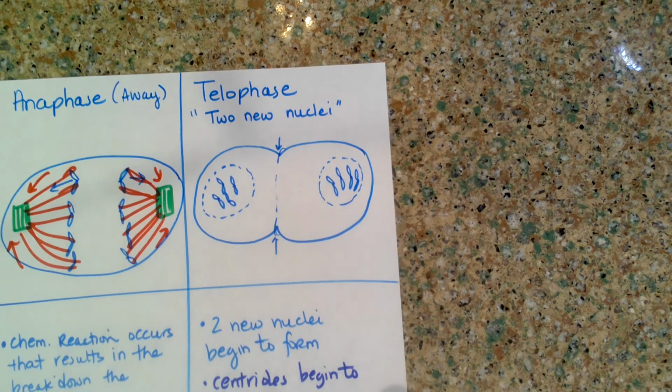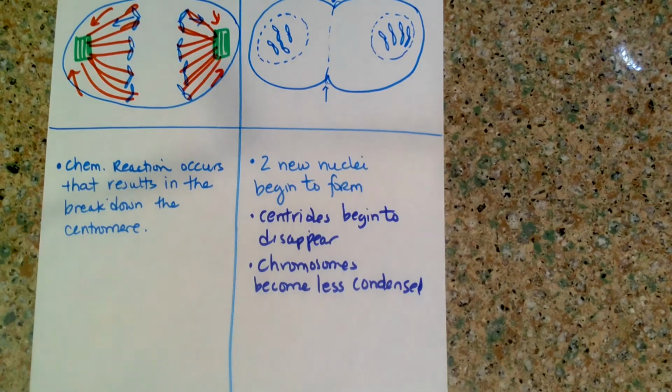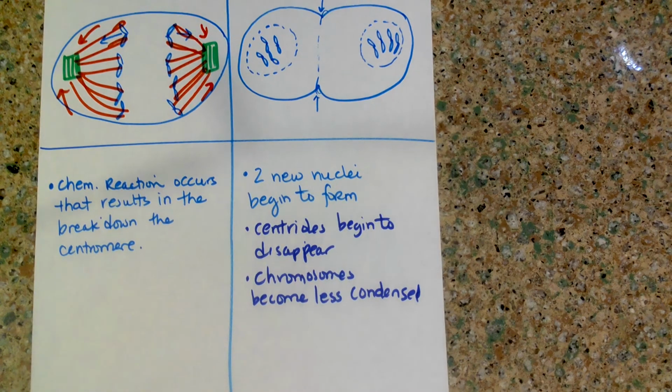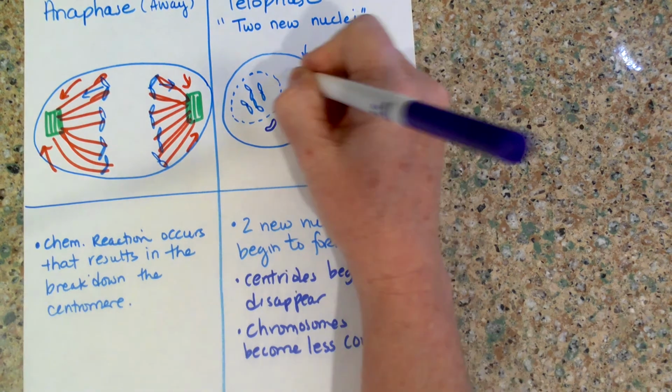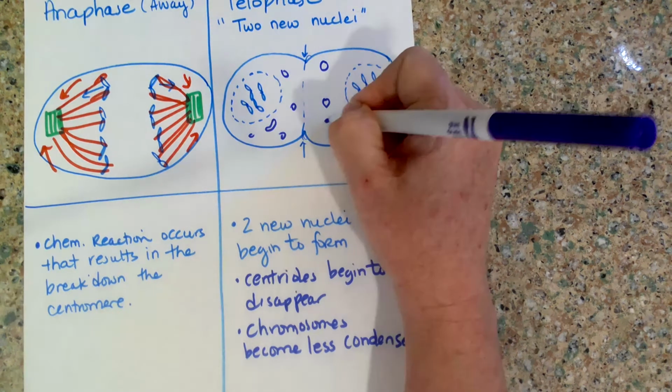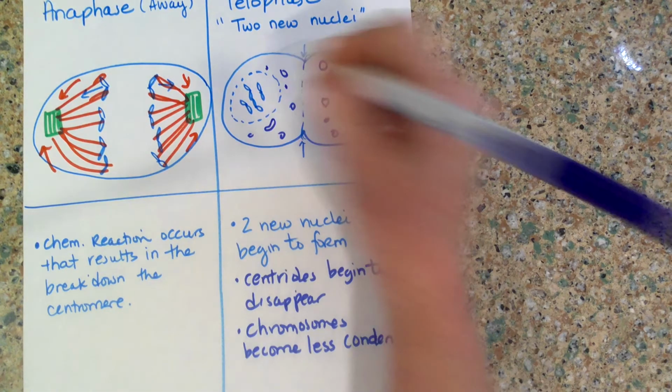So what that means is they start spreading out a little bit. All of the cytosol and everything, you've got organelles, and they're going to make sure they all separate and spread so that we have a little bit of everything, all right?